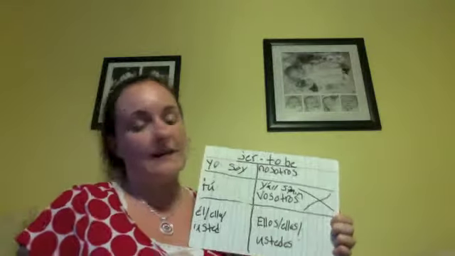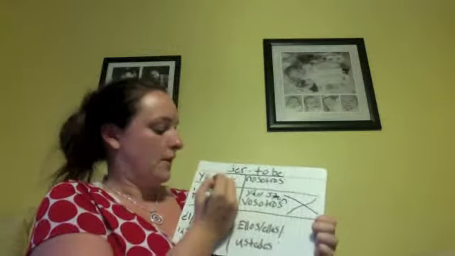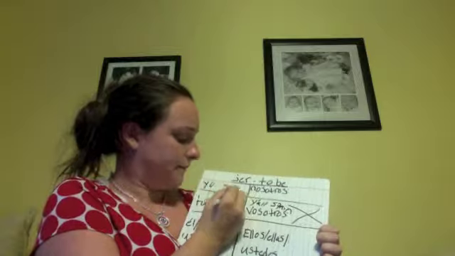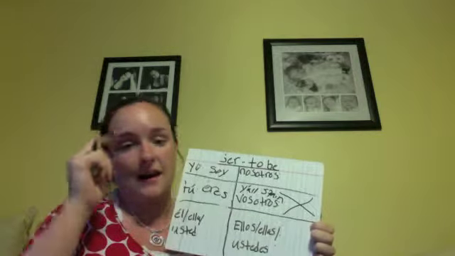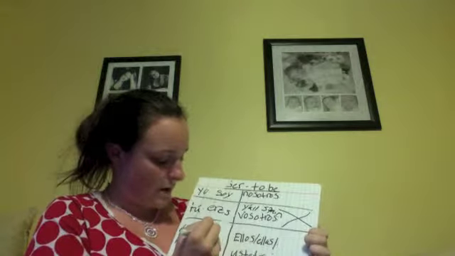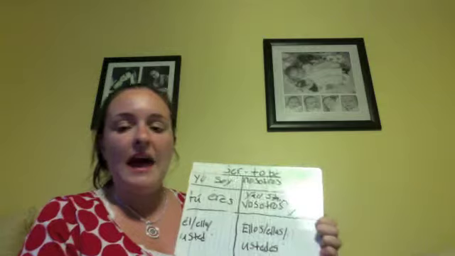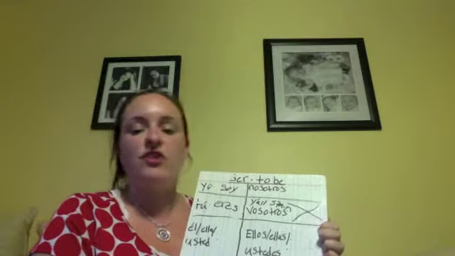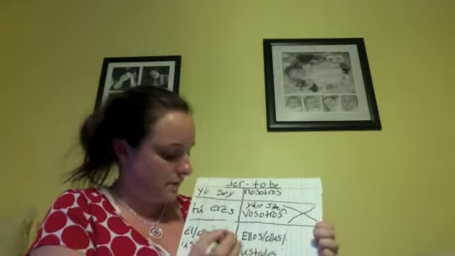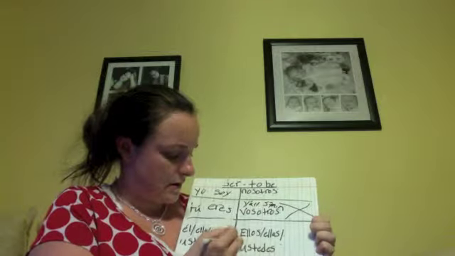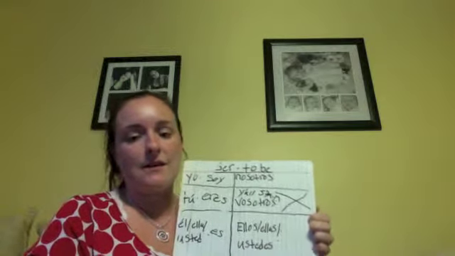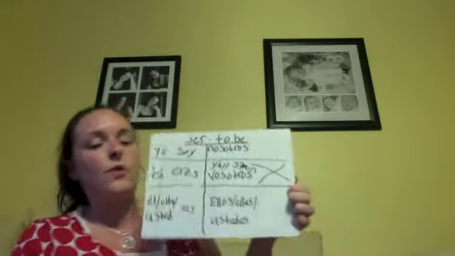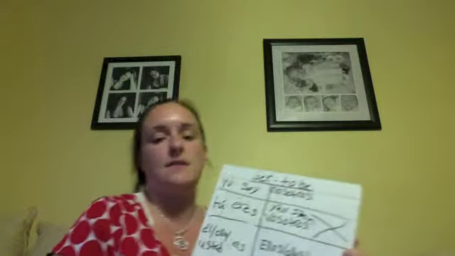The tú also has an accent. I forgot to mention that. Tú is eres. E-R-E-S. Eres. Then you've got the él, ella, usted form. The he, she, you, it form. Es. E-S. Es. He is, she is, you are, it is.